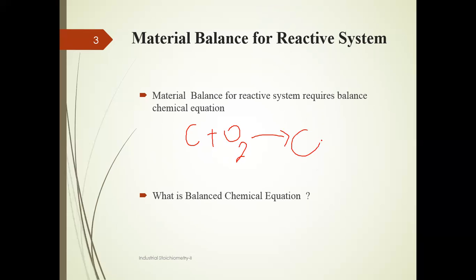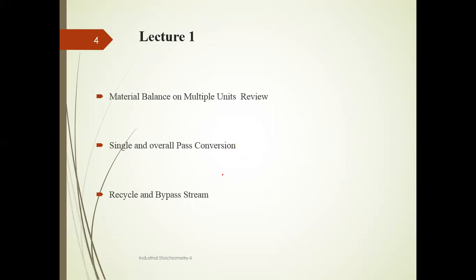In this equation, carbon has one stoichiometric coefficient in the reactant and one in the product. Similarly, oxygen has one stoichiometric coefficient in the reactant and also one in the product. One mole of carbon reacts with one mole of oxygen molecules and produces one mole of carbon dioxide. So this is a balanced chemical equation. Without a balanced chemical equation, you cannot start material balance. Otherwise, you will find many difficulties.